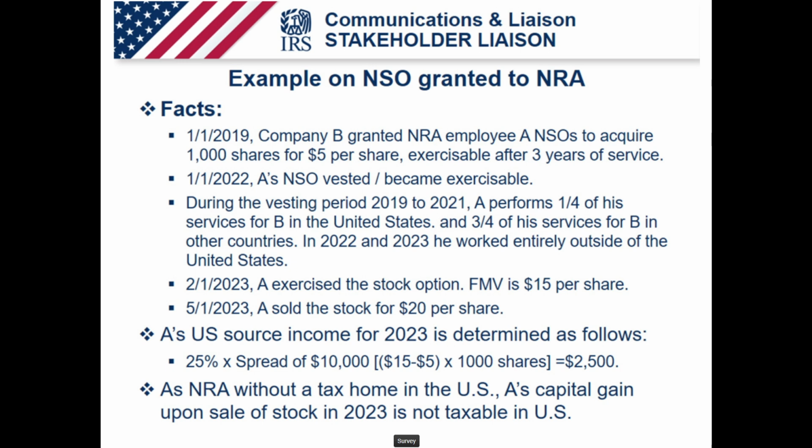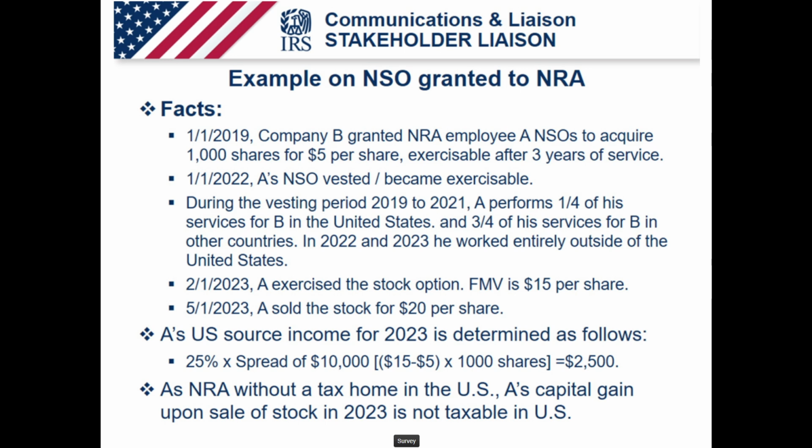So, in this example, on January 1st, 2019, Company B granted its employee, non-resident alien A, non-qualified stock options to acquire 1,000 shares of Company B stock for $5 a share, and the options are exercised anytime after 3 years of service. So, on January 1st, 2022, non-resident alien A became vested in the options.